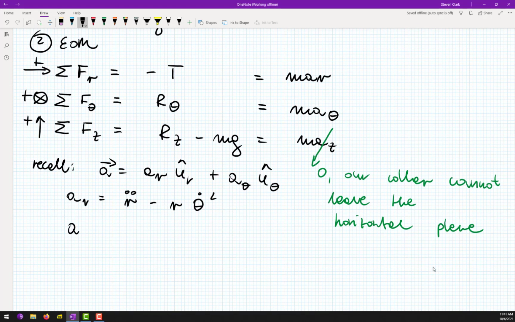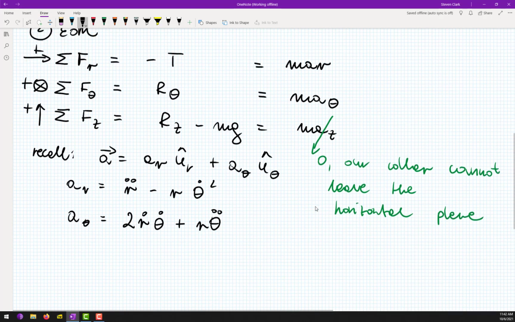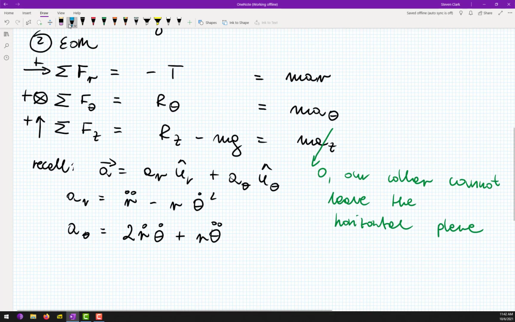And A theta is going to be equal to 2R dot theta dot plus R theta double dot. This is Coriolis, and this is tangent. So now let's find values of these two guys, and let's plug them here and here. Okay, let's do it.